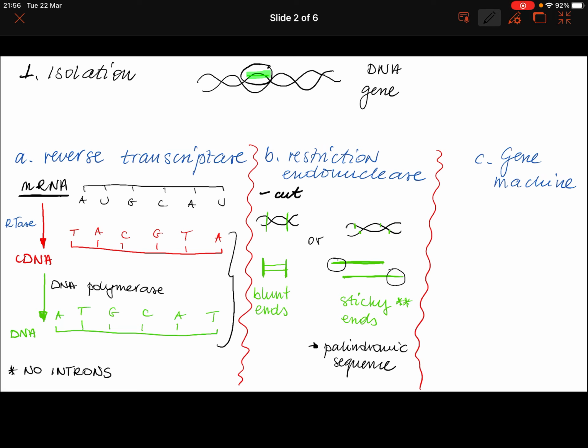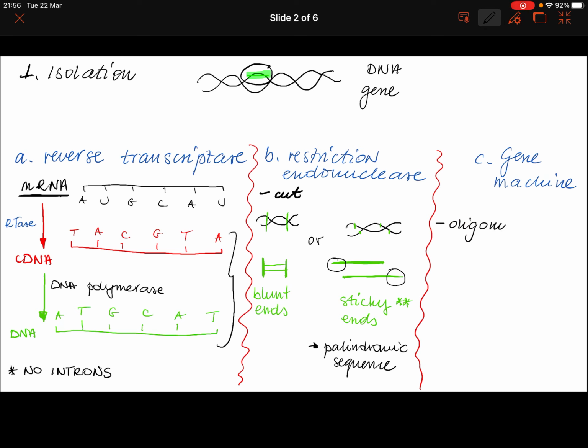The final method is the method of using the computer-based program called Gene Machine. So let me use the terminology artificial nucleotides, so the computer-based nucleotides that we are going to feed into the computer to give us the sequence of that specific gene.